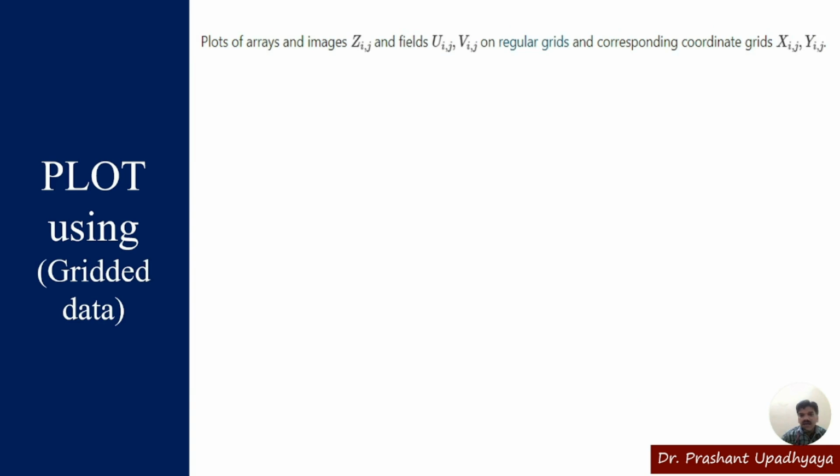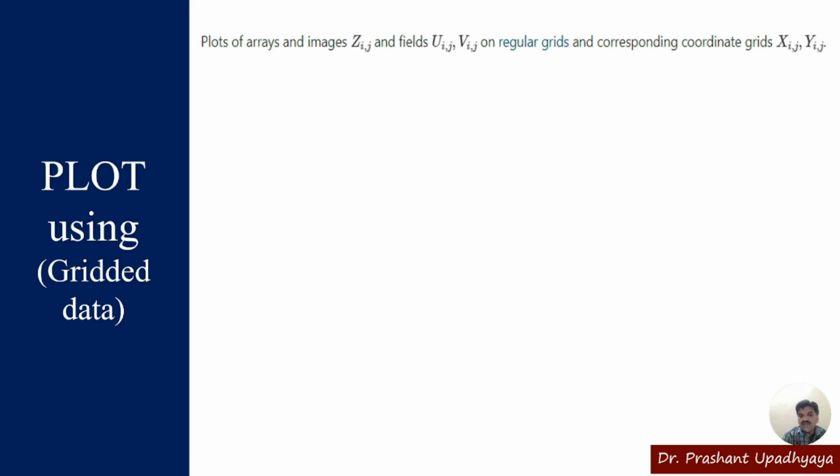Moving ahead, we have plots using gridded data. Gridded data typically refers to data that is organized in a grid or matrix format. It is commonly used in fields such as geography, meteorology, remote sensing, and image processing.